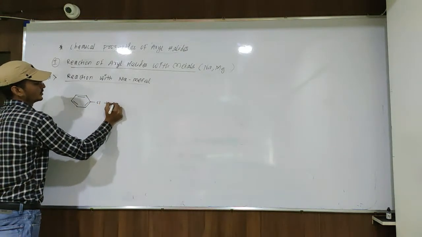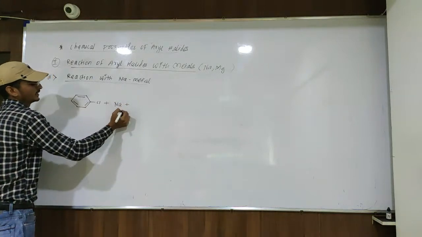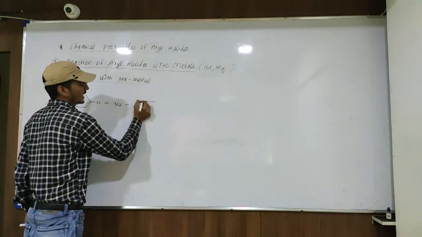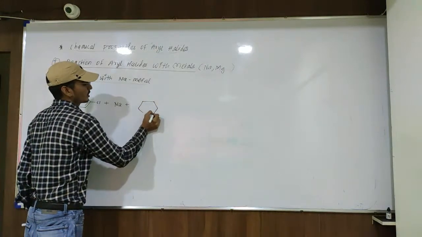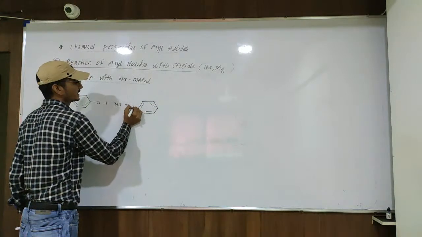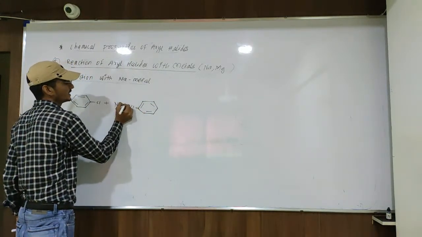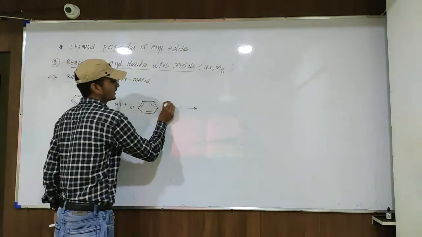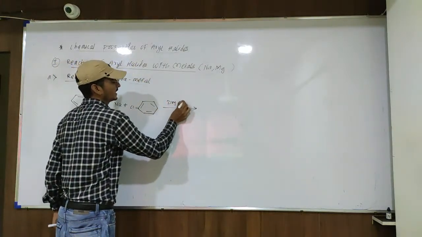It reacts with the sodium metal, but there is a need of two molecules in the case of the Wurtz reaction. So I take here two molecules of chlorobenzene reacting with sodium metal in dry ether.